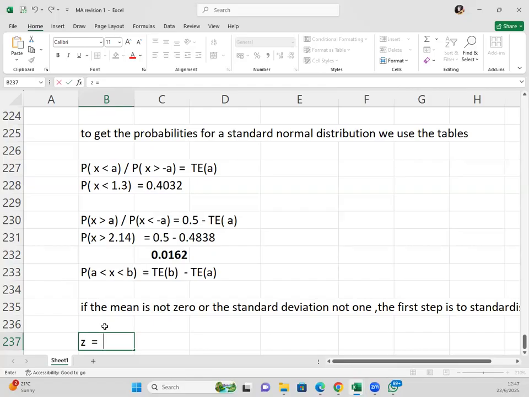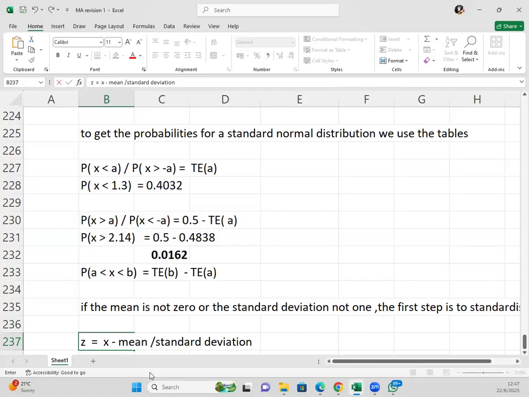Unfortunately, I don't have the mu here, but you can say the mean. You say X minus mean over standard deviation.